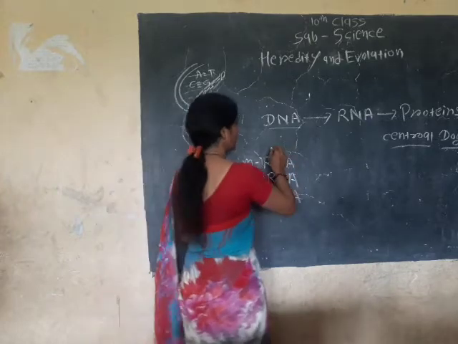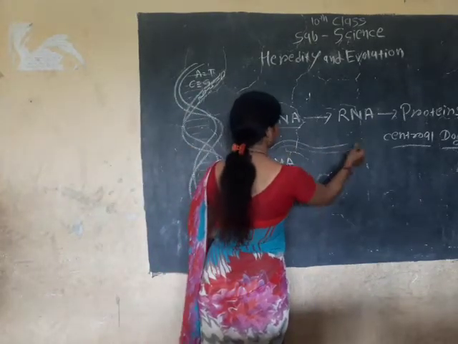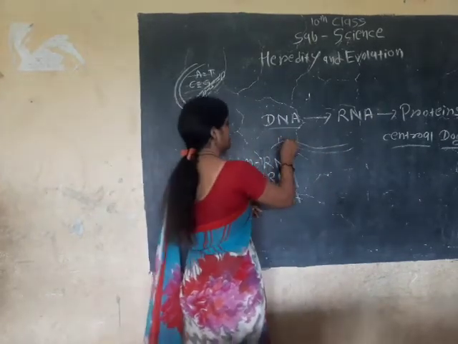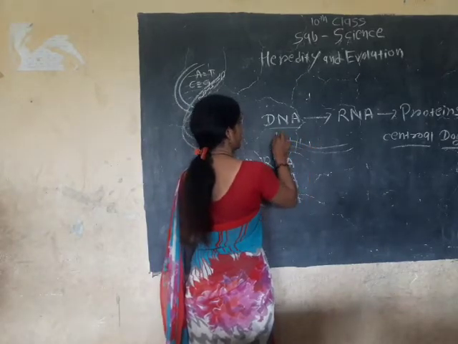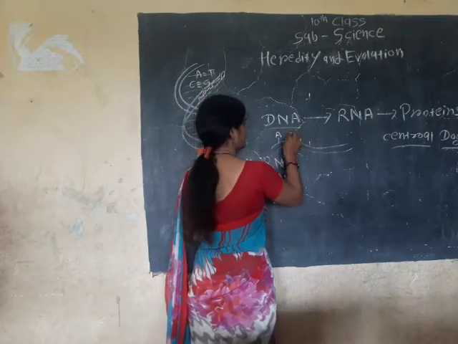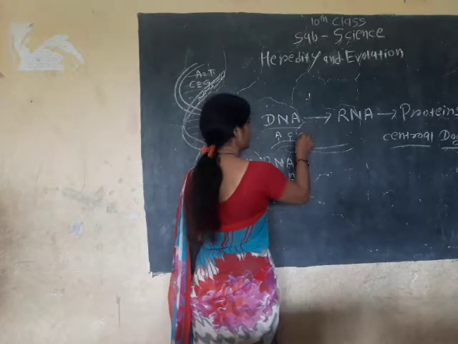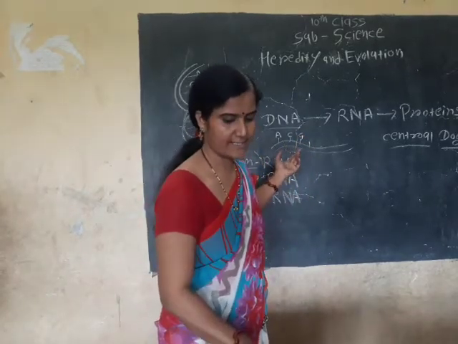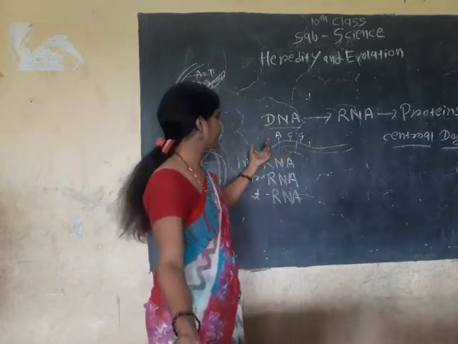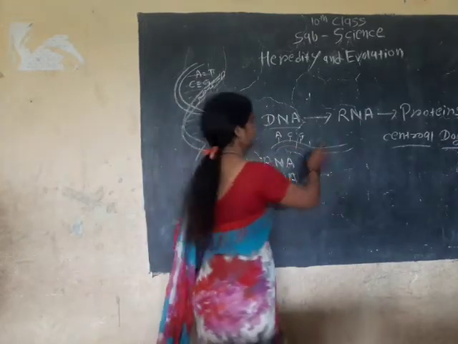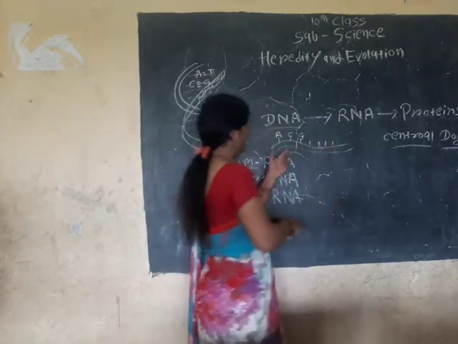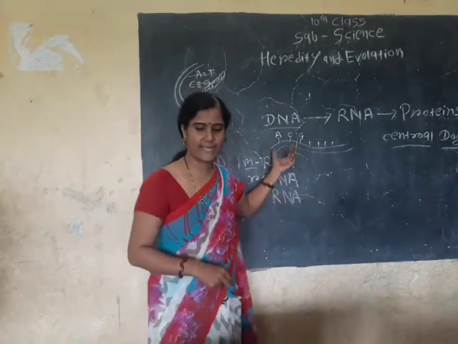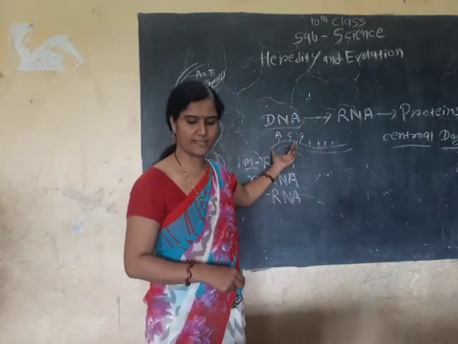On that strand is the sequence of nucleotides like A, C, G, etc. That is the sequence of nucleotides, and one strand is used for protein synthesis.